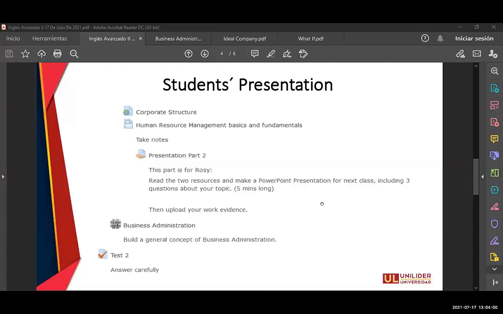Okay, so don't forget, because in topic 1, you have a forum that you have to answer about your job descriptions. And in this topic number 2, you have a wiki. According to the presentations, you're going to make a general concept, 2 or 3 lines, about what business administration is, okay? So did you do it? Did you do the wiki?